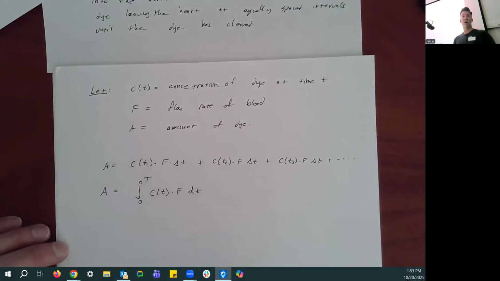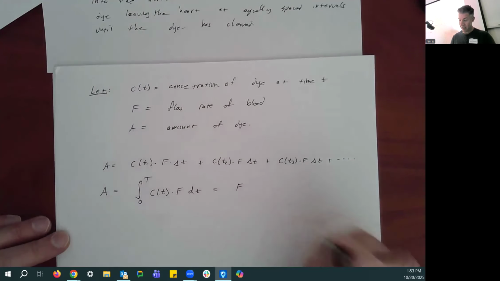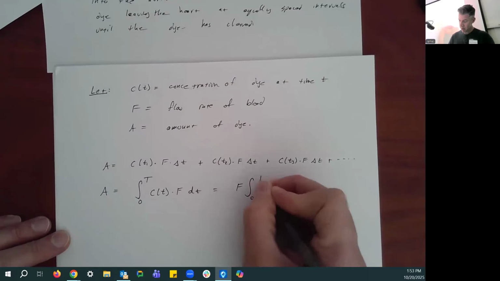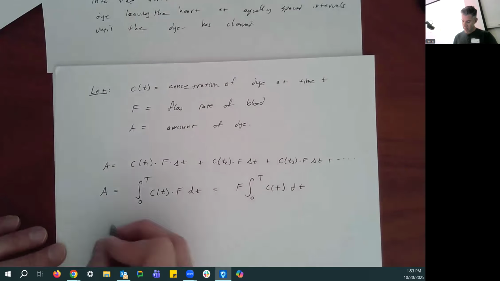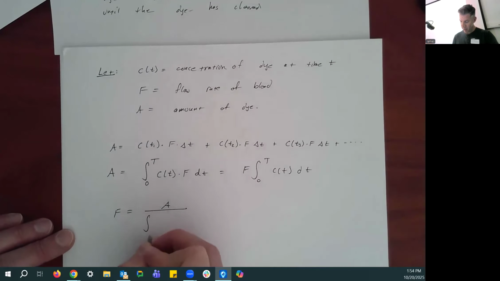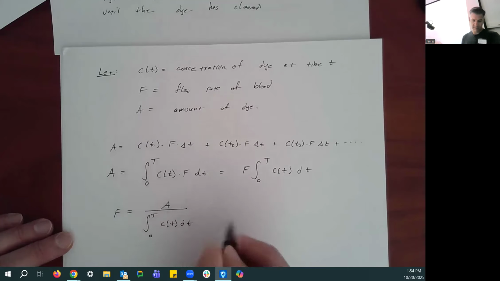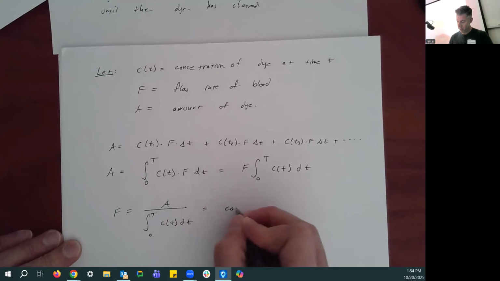We're typically interested in solving for the flow rate, so we're going to factor that flow rate constant out, and then we usually solve for F. So we're going to say that capital F is equal to the amount of dye divided by the integral from 0 to T of the concentration at time t. That's how we typically calculate cardiac output.